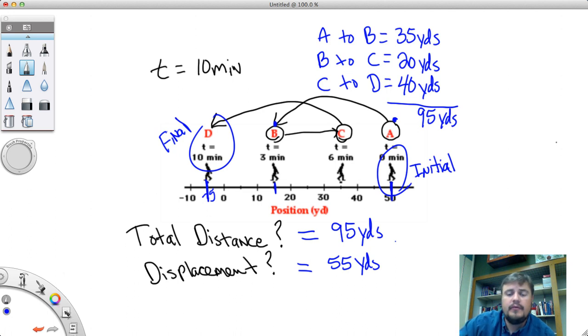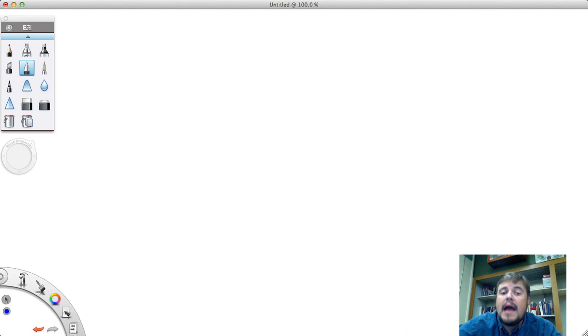Alright, let's go ahead and continue from this scenario. So here we've calculated the coach's displacement and total distance based on using a picture. Okay, now let's say you're not given a picture of how far they go, you're just given velocities. And I'm going to show you how to mathematically be able to calculate displacement. So for displacement, you don't necessarily have to have a picture either.